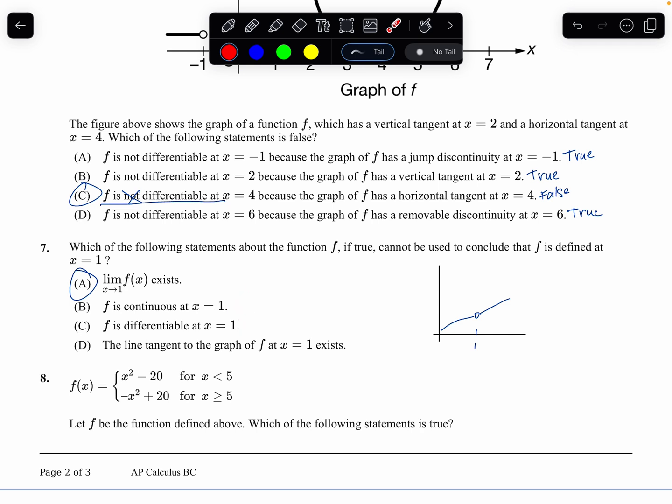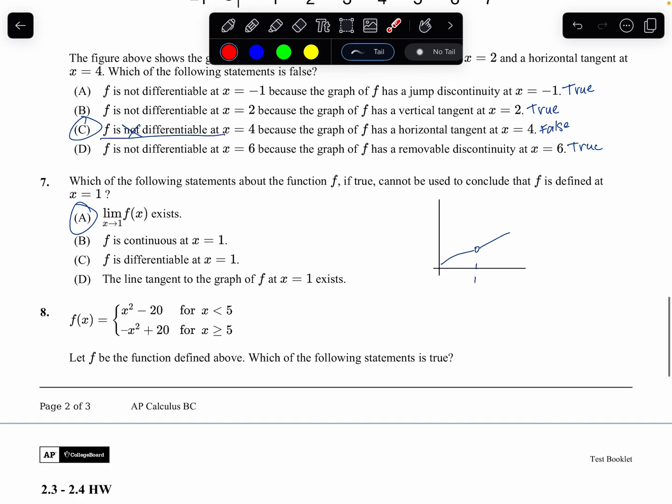And the line tangent to the graph at x equals 1 exists. So if there's a tangent line to the graph of f at x equals 1, that means slope is defined, which means we're differentiable, which means we're continuous, which means we're defined. So A is the one that we can't use. Even if it is true, we can't use it to conclude that f is defined at x equals 1.